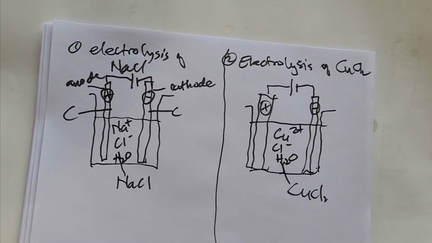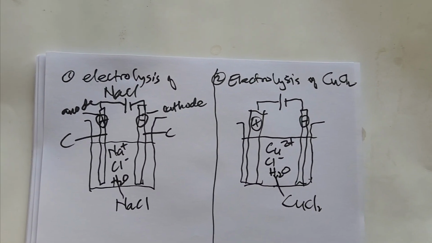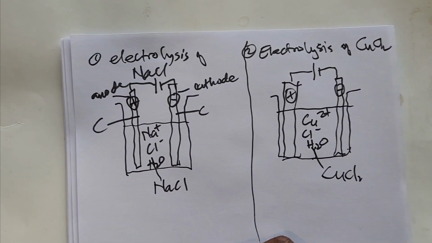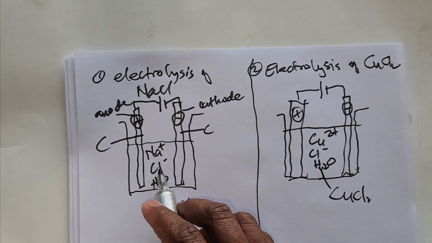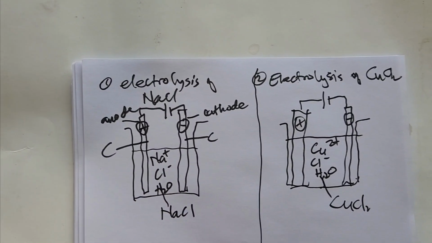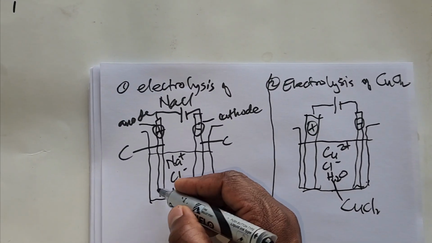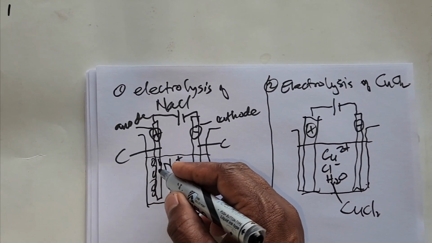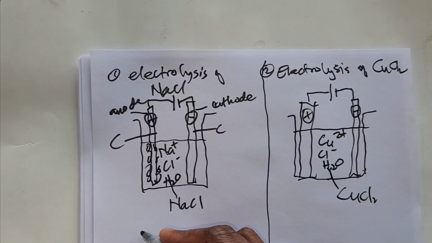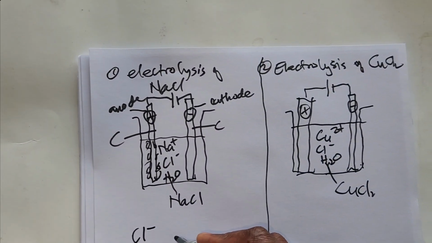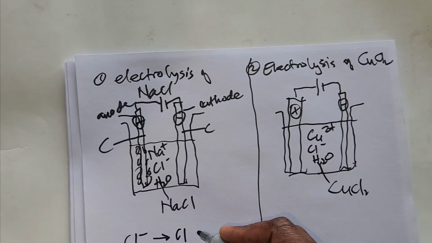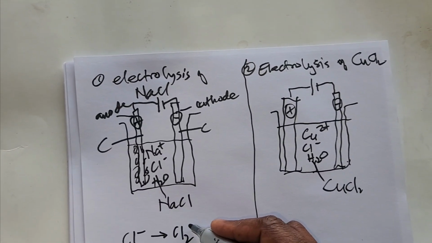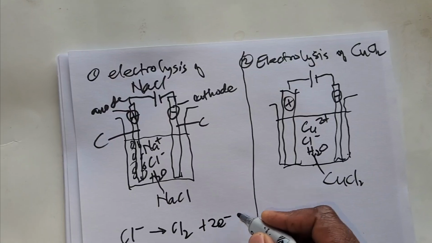Now, as the cell is in operation, the negative ions will be attracted to the positive electrode. As a result, bubbles will be formed there, and those negative ions will be oxidized at the anode to form chlorine gas plus 2 electrons.